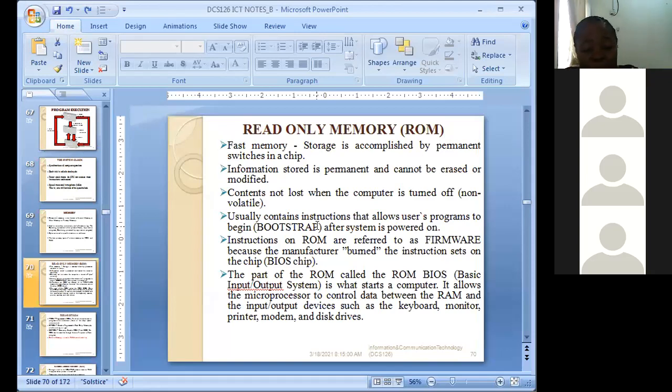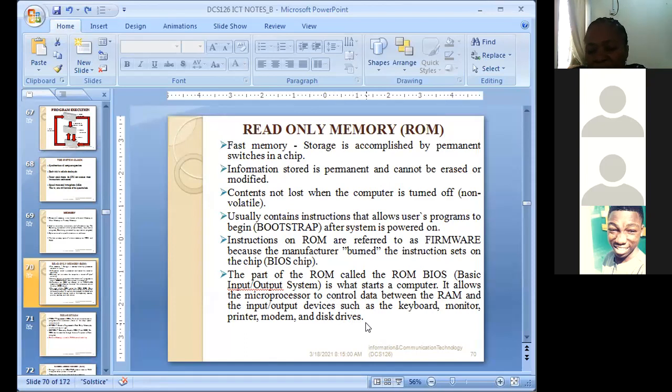I explained that before, so this is just for emphasis. The part of the ROM called the ROM BIOS, that's basic input output system, is what starts a computer. It allows the microprocessor to control data between the RAM and input output devices such as keyboard, monitor, printer, modem, disk drives, etc.